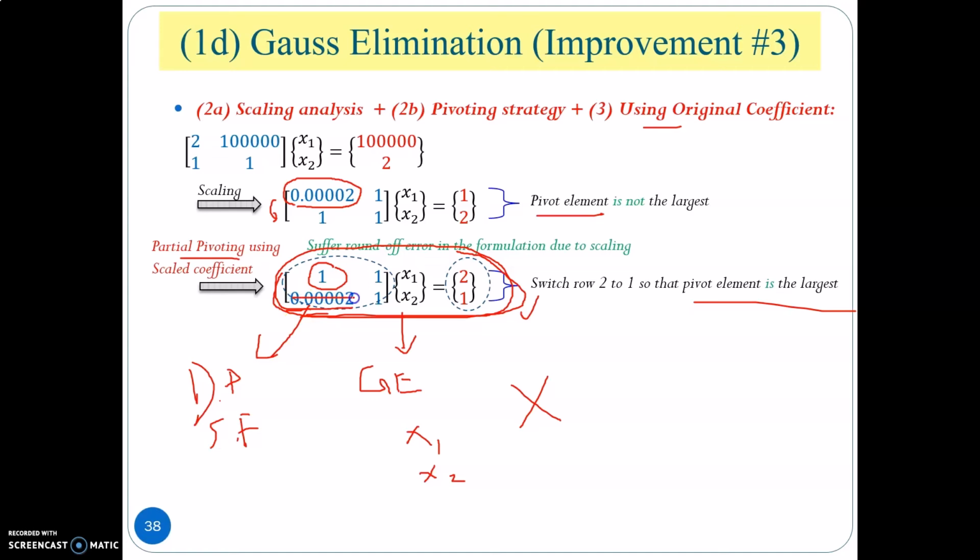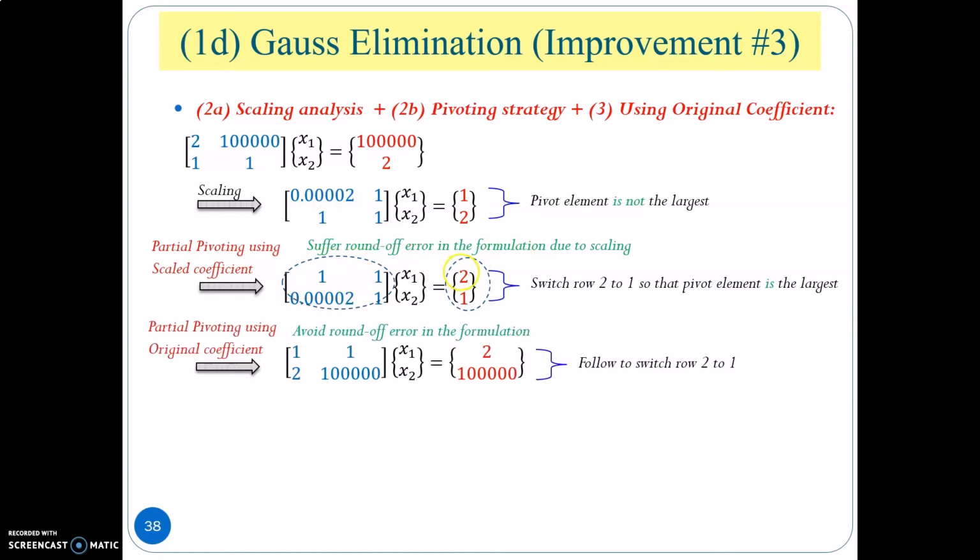If you just let this number to be 0, then you will suffer the round-off error in the formulation.